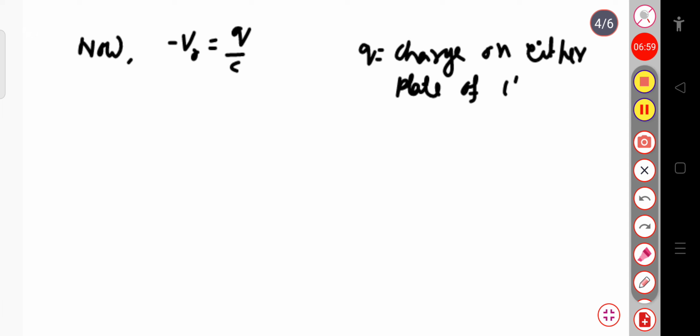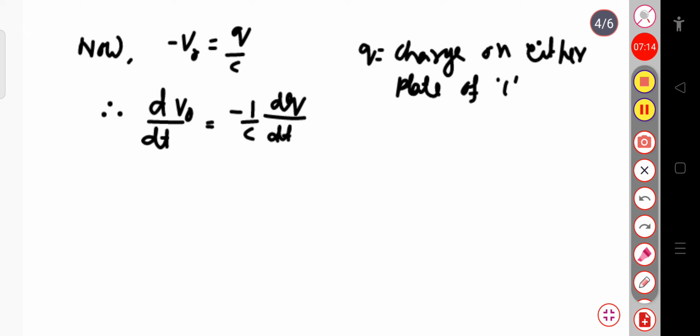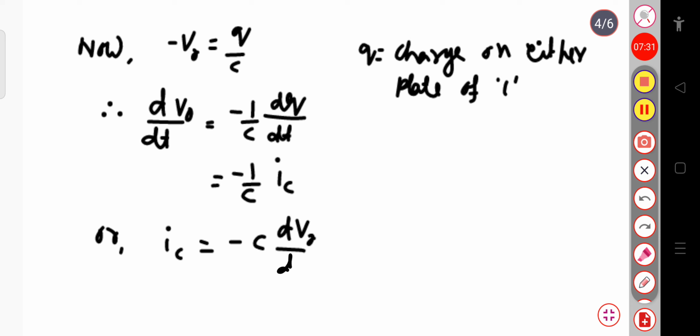Now if I differentiate it with respect to t, d by dt of VO will be equal to minus 1 by C into dq by dt. Since C is constant, this dq by dt is nothing but your IC, or IC will be equal to minus C dVO divided by dt.